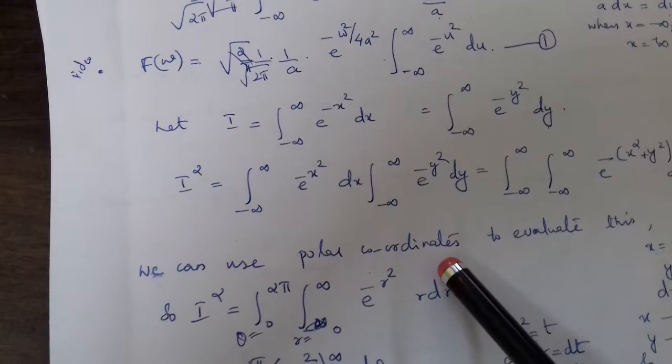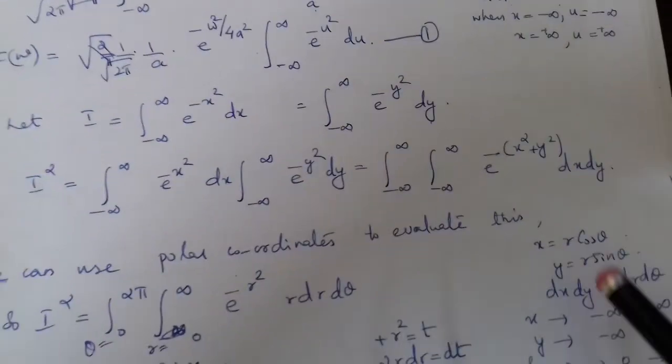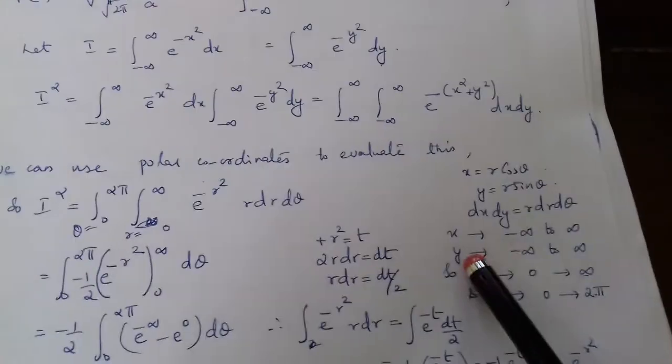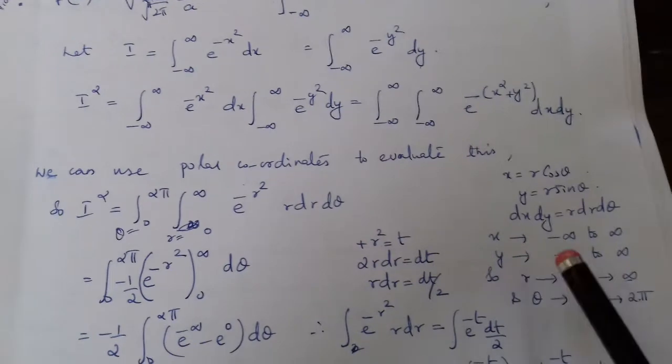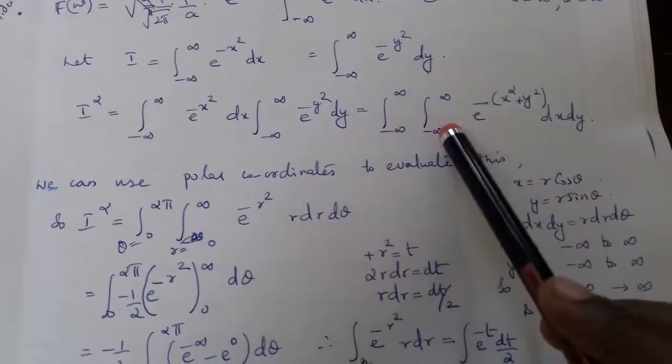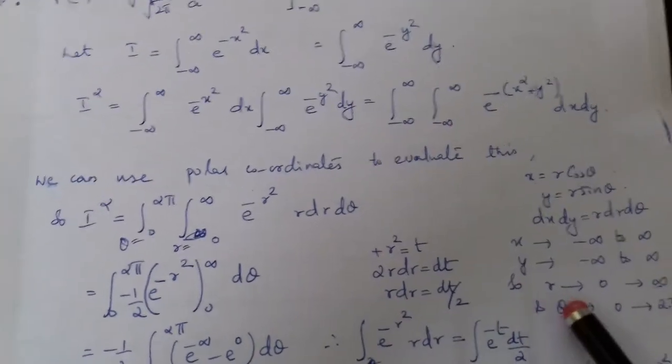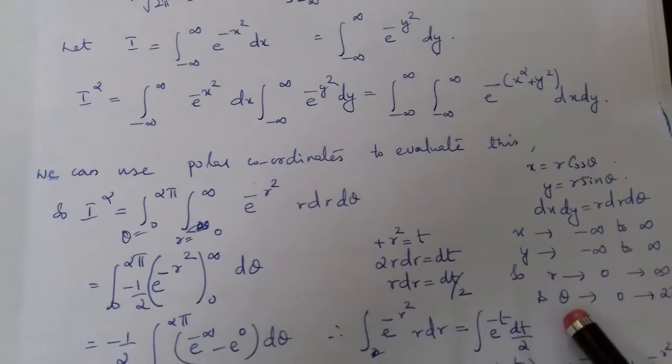And in polar coordinates, x is r cos theta, y is r sin theta, dx dy is r dr d theta. x varies from minus infinity to infinity, y varies from minus infinity to infinity. These are the limits for x and y. So we have to find the limits for r and theta.